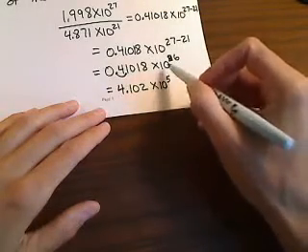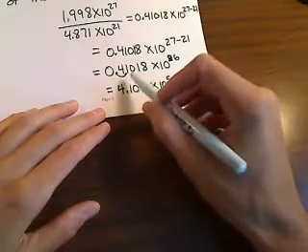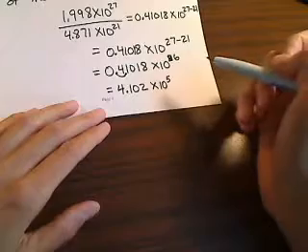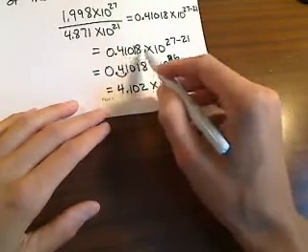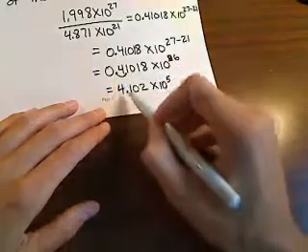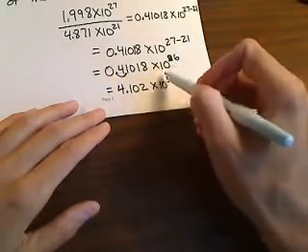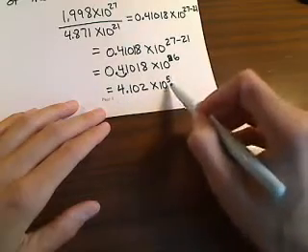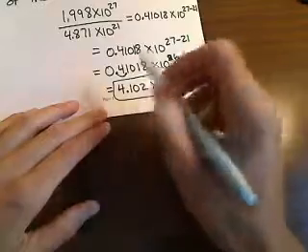So you could also think of it as borrowing a factor of 10 from here and moving it to here. If I were to multiply this 0.41018 number by 10, I would get 4.102 when it's rounded. And so one of these 10s has moved over here, so I've got to subtract that from here. Okay, so that would be our answer right there.